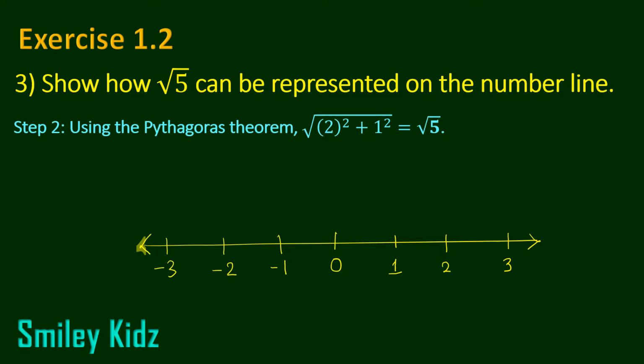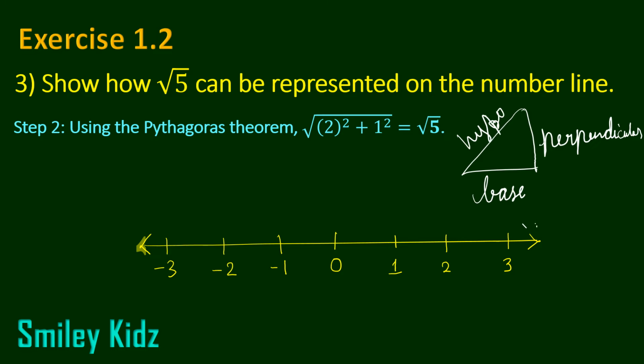Now in step 2, we are going to use the Pythagoras Theorem. What does Pythagoras Theorem tell us? Let me take this as the triangle. So this is the base of the triangle, this is the perpendicular, and this is the hypotenuse.